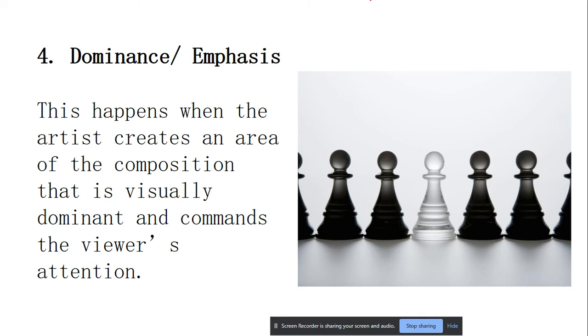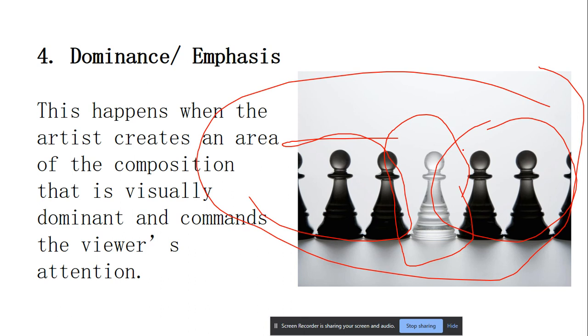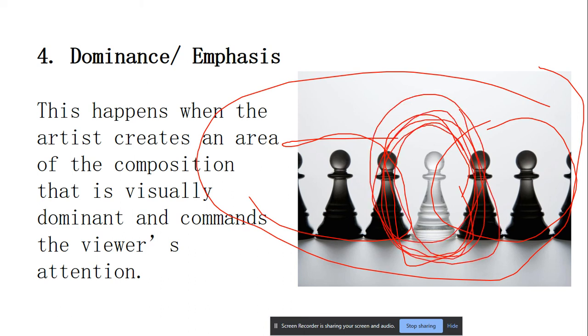So upon looking at this one, they were just all the same, the black ones. And then if you put something different to them, this highlights attention.